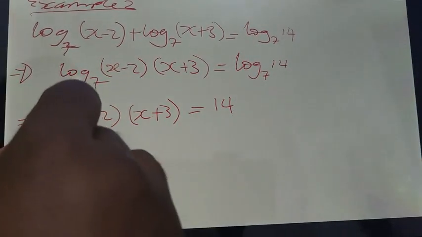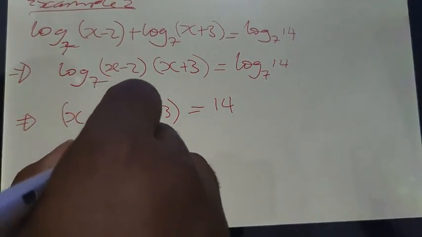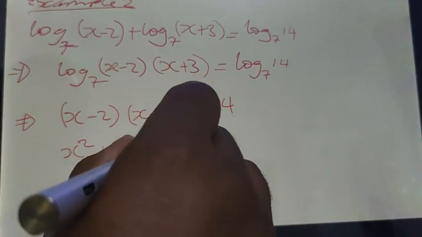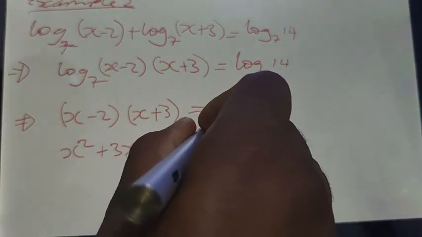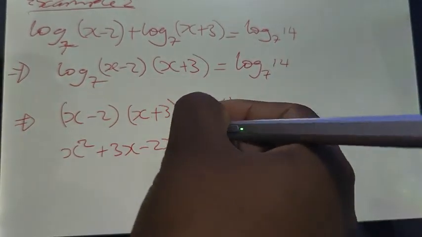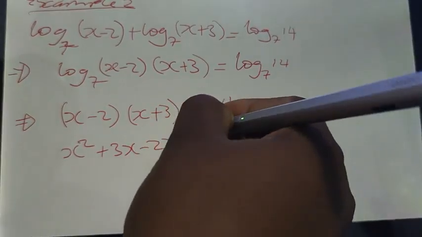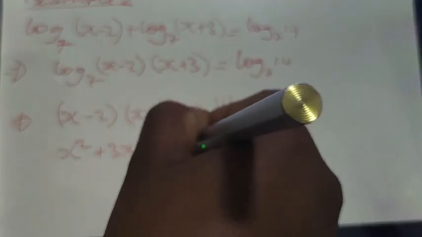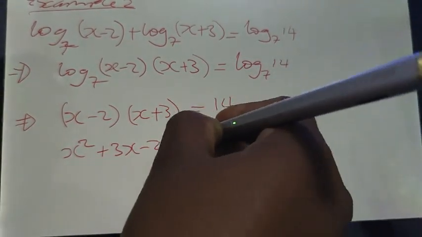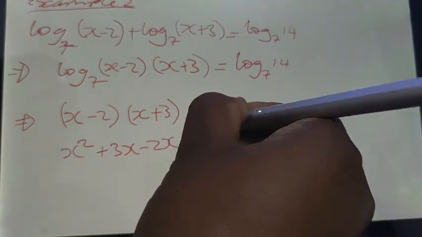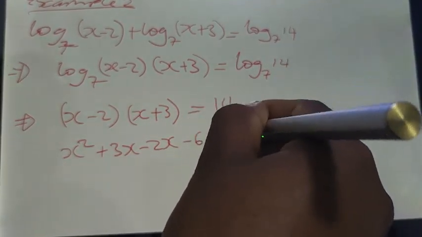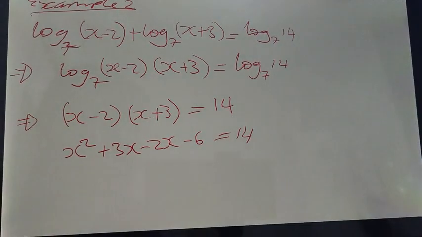So expand this one, you have x squared plus 3x minus 2x, not plus but minus 6 should be equal to 14.